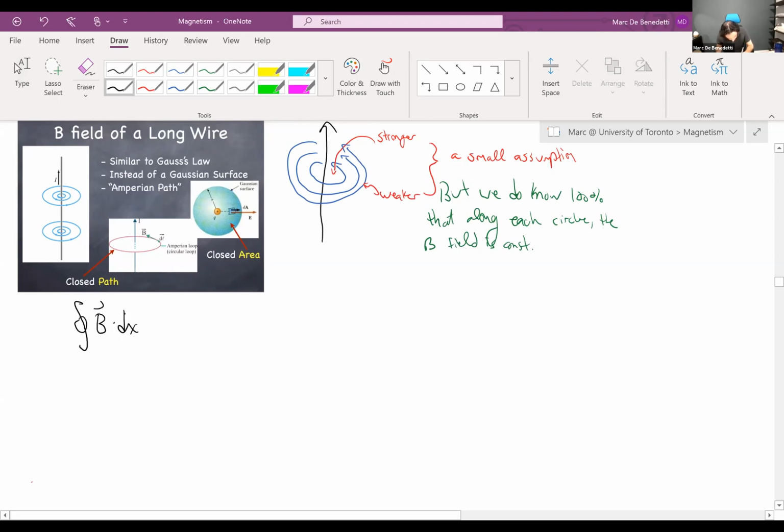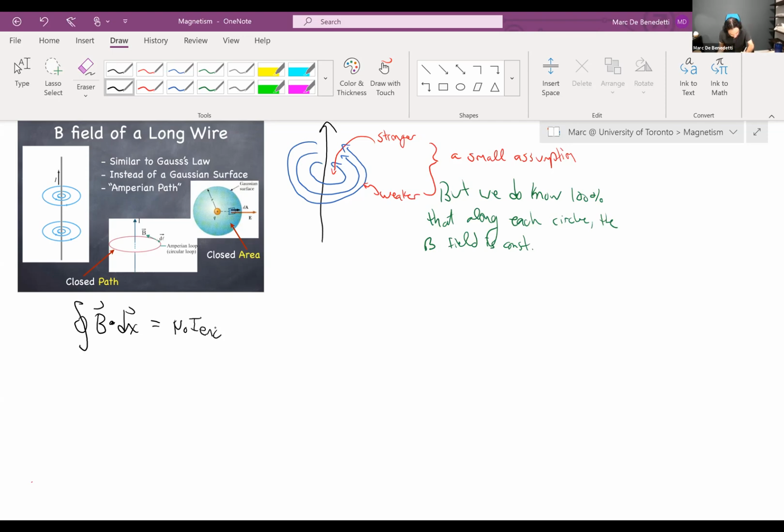is the integral of B dot dx. It's not B times dx, it's vector B dot product with vector dx, equals mu naught times the total enclosed current. Now, we briefly discussed this sort of vector nature with flux and Gauss's law.